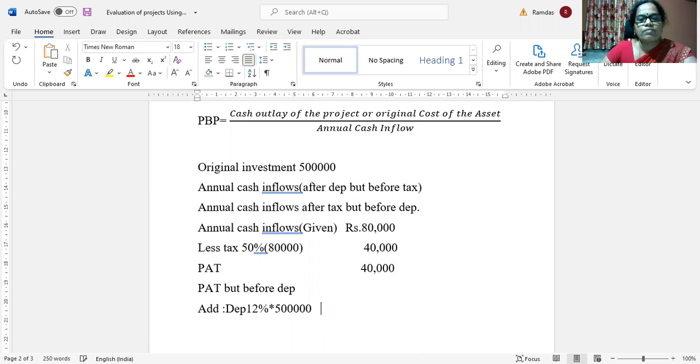So 12% of 5 lakhs would be 60,000. This would be 40 plus 60, it's going to be 1 lakh.